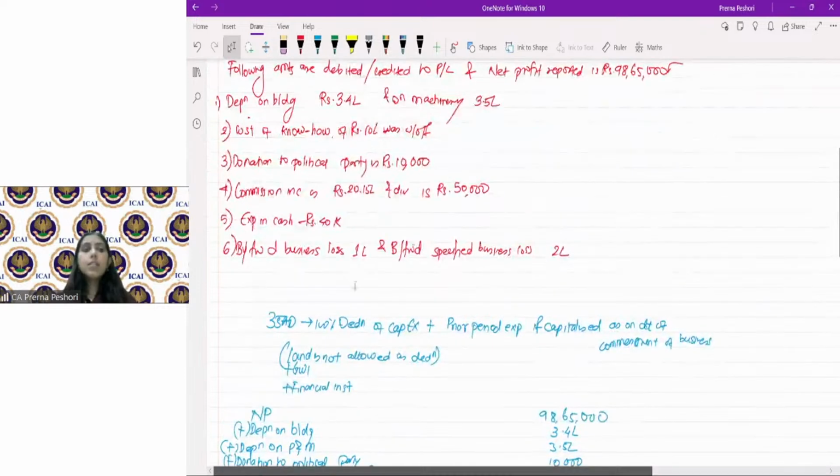Fine. Next, commission income is rupees 20.15 lakh and dividend is 50,000. Why, Kaushiki, commission no treatment?